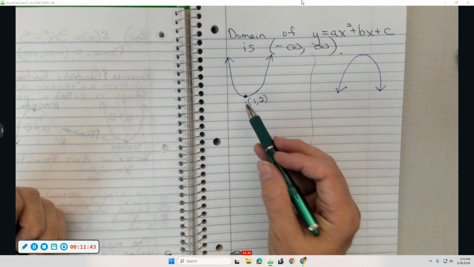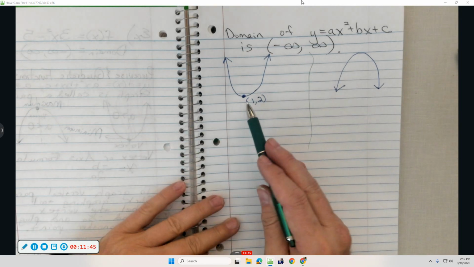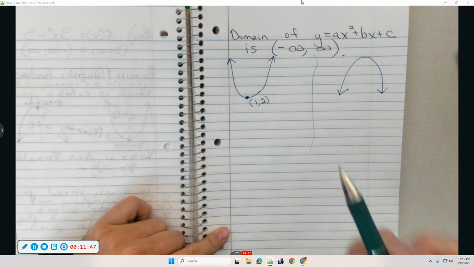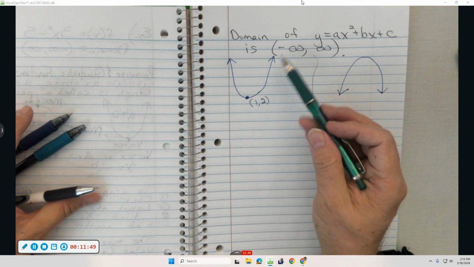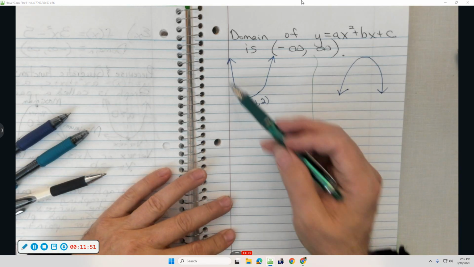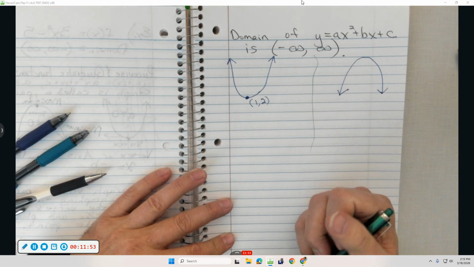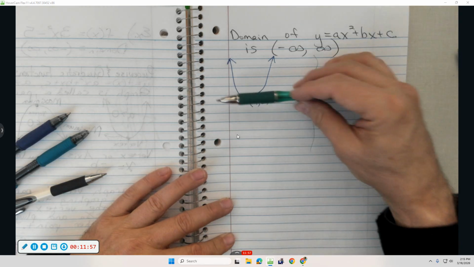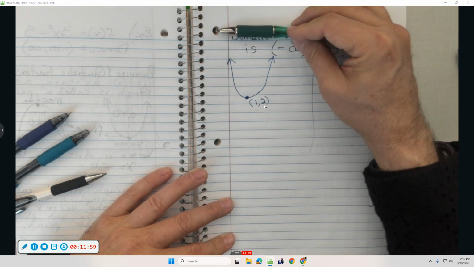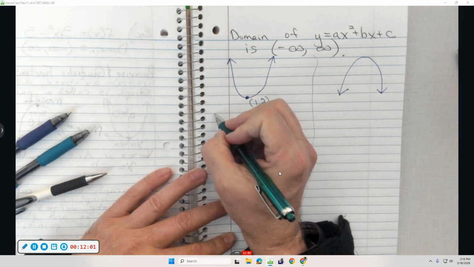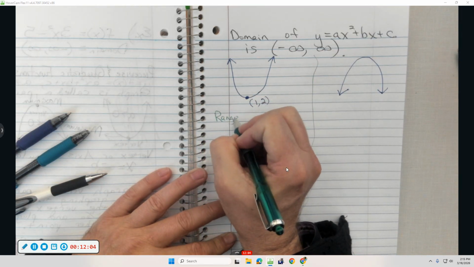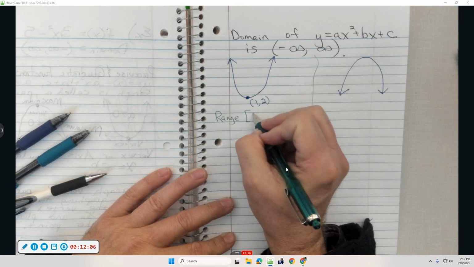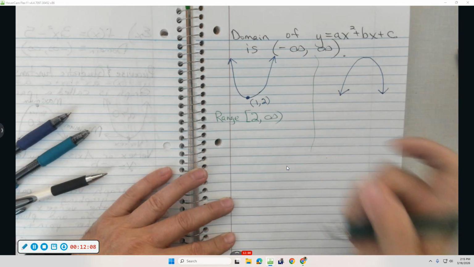A minimum, because it's opening upward and the vertex is the low point. What's the smallest y value that appears on that graph I made up? 2. And then every number bigger than that is used as a y coordinate. So we would say the range, 2 is being used, so bracket 2 to infinity.